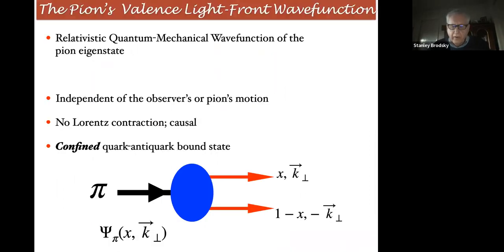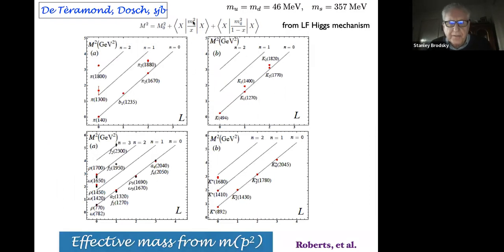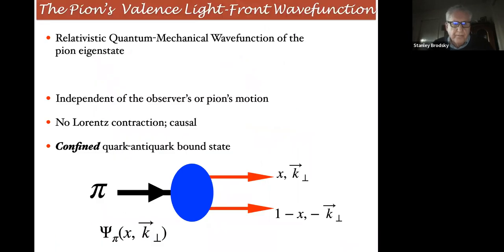Now this uses, in fact, this trick I mentioned before. You put in 46 MeV, that you have to fit, and the strange quark mass 357, and you put in the expectation of m_q squared over x, m_q squared over 1 minus x, and you get this theory. It's very similar to what people who use Bethe-Salpeter methods use as well.